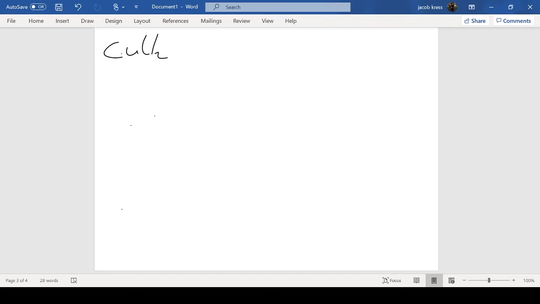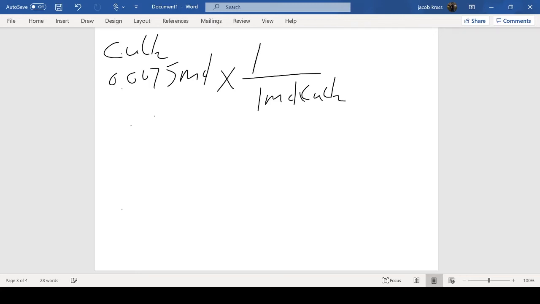So we know we have 0.0075 moles of the calcium chloride. And now, because of my molar ratios, I know for every 1 mole of the calcium chloride, I make 1 mole of the calcium carbonate.